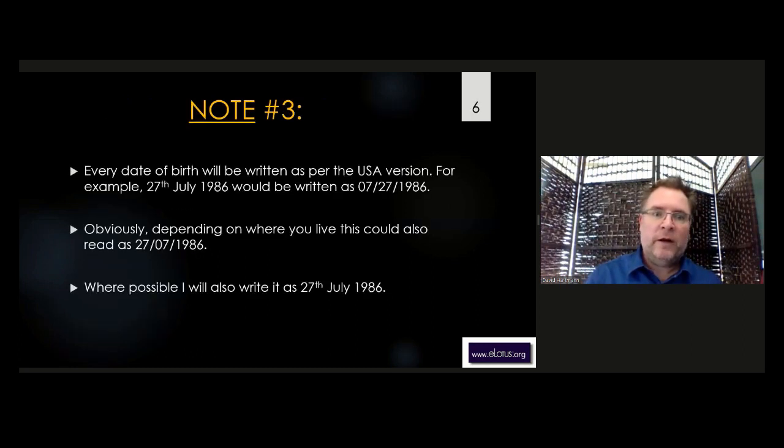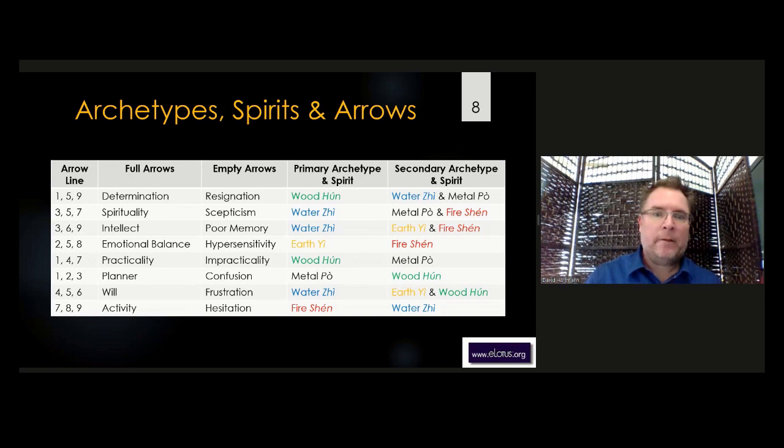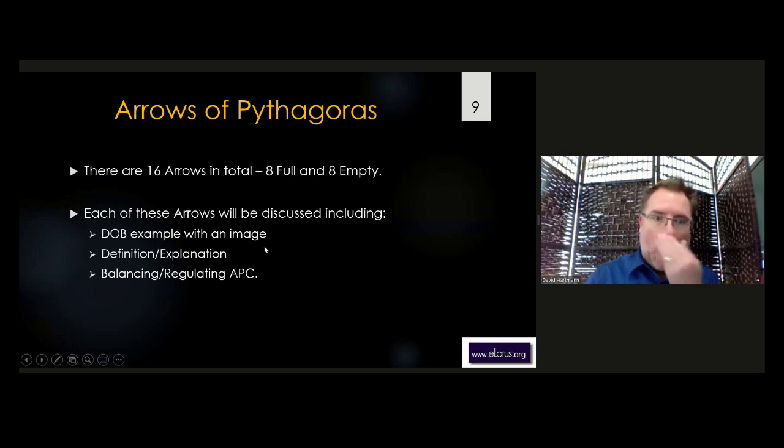All the usual start off bits. So the first one we're doing is determination and resignation, which is more in line with the wood, hun, and water aspect of us. So 16 arrows in total, 8 of them are full, 8 of them are empty. Okay, and remembering that, of course, not all of us have arrows.